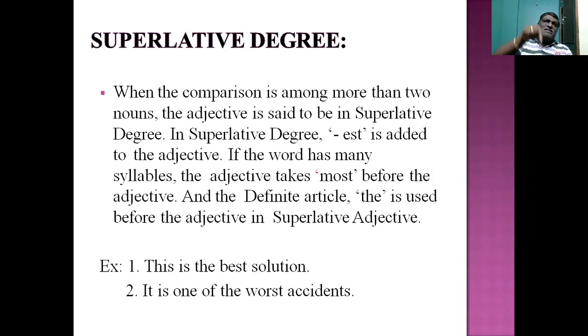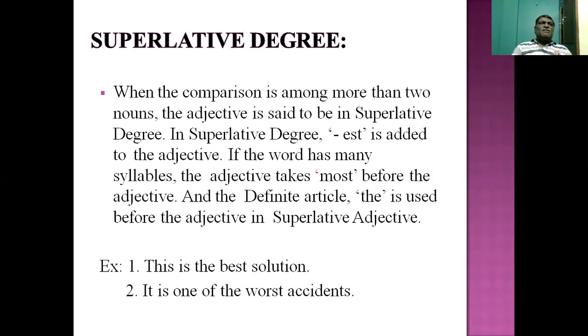She is the tallest girl of the class. When you say she is the tallest girl of the class, you are trying to say that there is no one who is taller than this girl in the class. Then only you can use superlative degree, when something is supreme, when something is final.